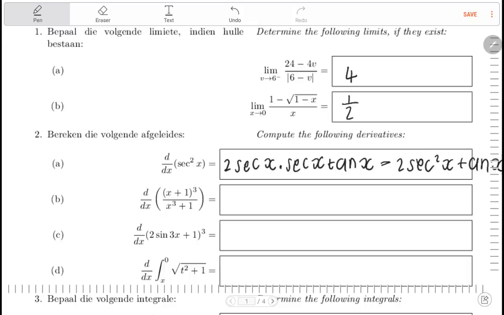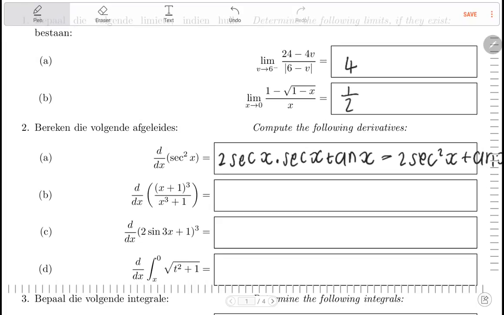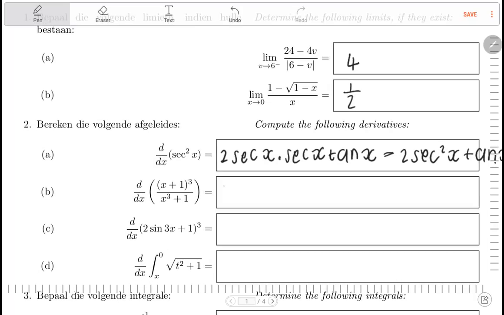For the second one, we have the derivative of x plus 1 all cubed over x cubed plus 1. So here we want to use our quotient rule. So we are going to start, and we have the bottom multiplied by the derivative of the top. The derivative of the top is going to be 3 x plus 1 squared, and then the derivative of x plus 1 is just 1.